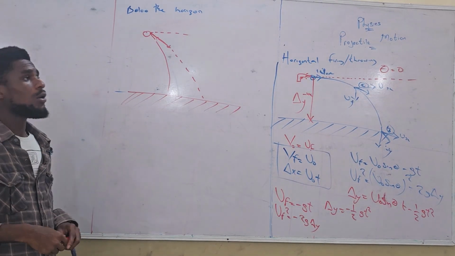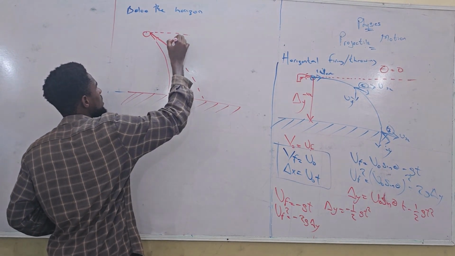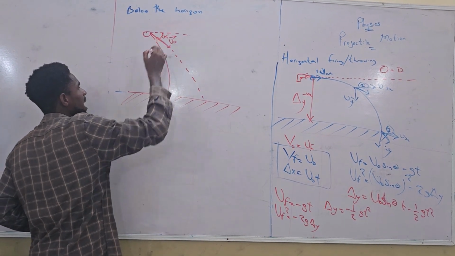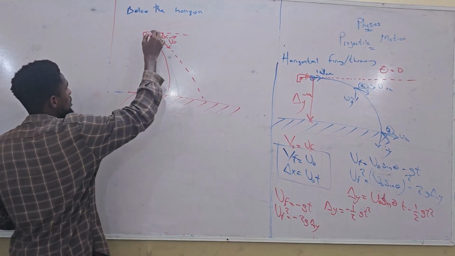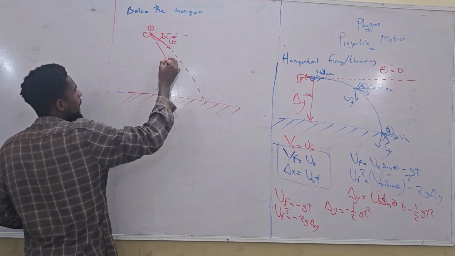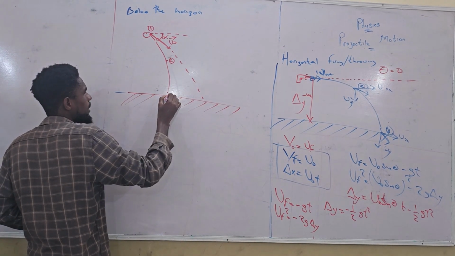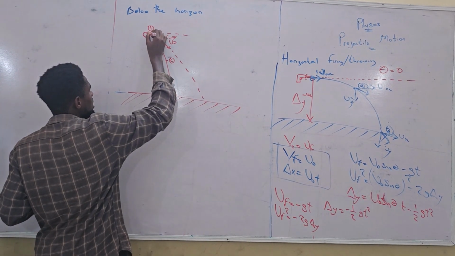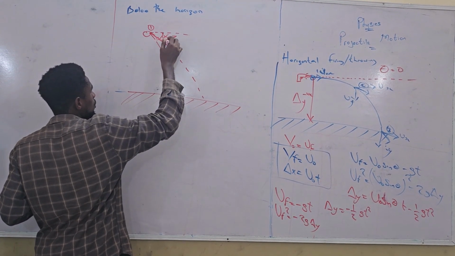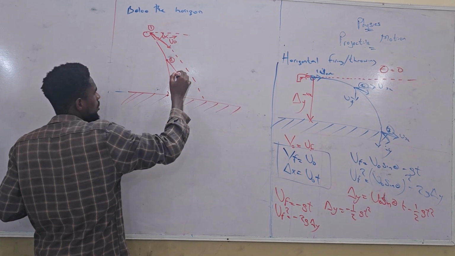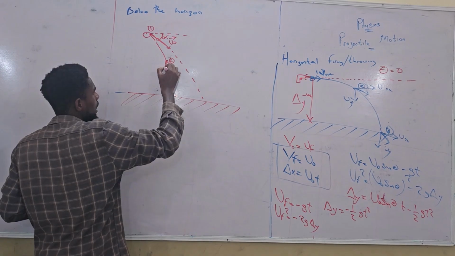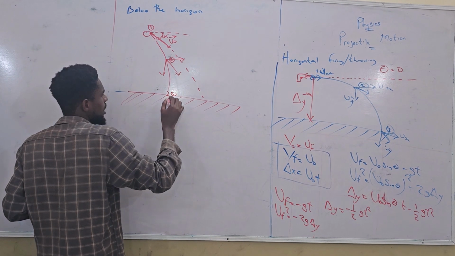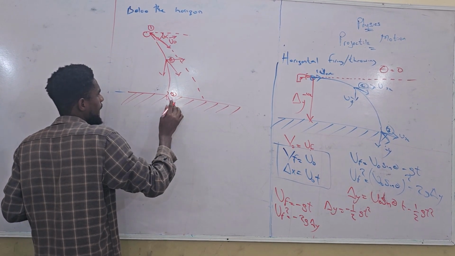Now I have my initial speed, so this is v not vector. Let's call this angle alpha. And again, let's remember our points. This is point 1, this is point 2, and this is point 3. For point 1, my velocity is tangential like this. For point 2, also tangential like this. For point 3, also tangential like this.